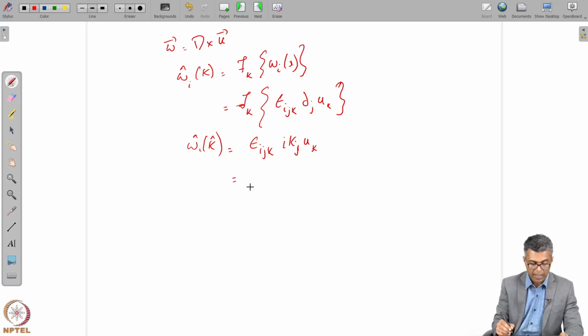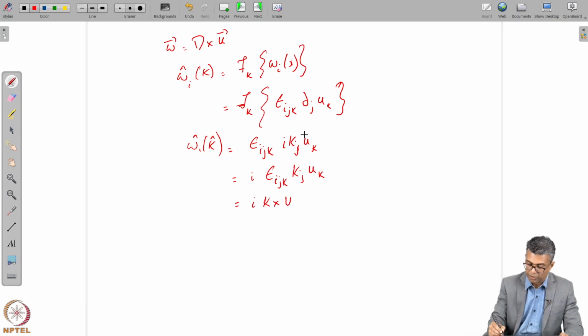So what I'm having is, look at this, epsilon_ijk, okay, the i is there, but that is a complex number, not the index notation i, okay, be careful. So I'll have epsilon_ijk kappa_j u_k, isn't it? So that is essentially i times kappa cross u, isn't it?